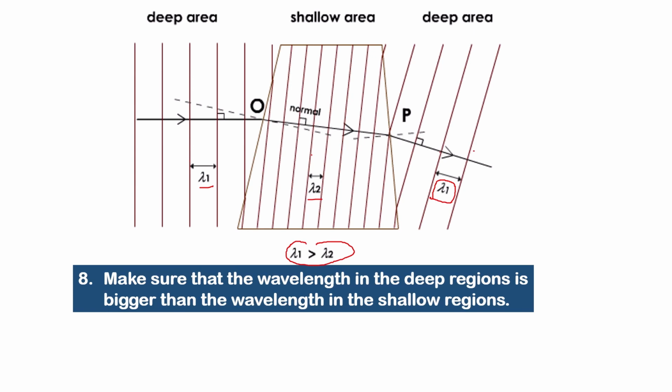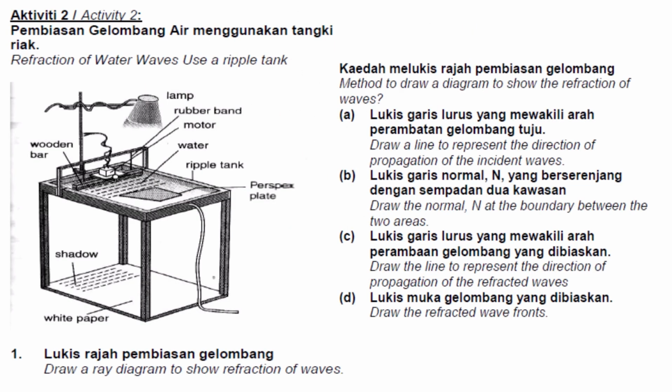Now what we can see from here is that lambda 1 is larger than lambda 2. And you will notice that lambda 1 in the deep area before passing to the shallow area equals lambda 1 after passing the shallow area just now. So this is how you draw a diagram to represent the refraction of water waves.